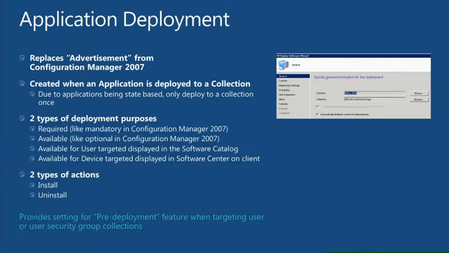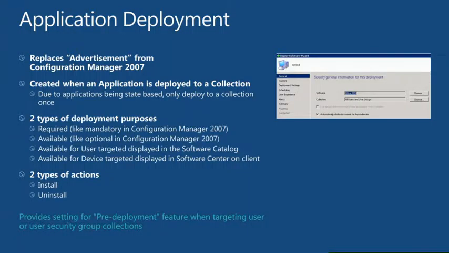Application deployment is something that replaces advertisement from Configuration Manager 2007. As I said, once you create an application, you have to deploy the application to a collection. It could be a user collection, it could be a machine collection, and there are two types of deployment purposes. One is required, meaning like a mandatory advertisement in Configuration Manager 2007, and the other one is you are just making it available. So whenever the user wants it, they can go and get those applications.